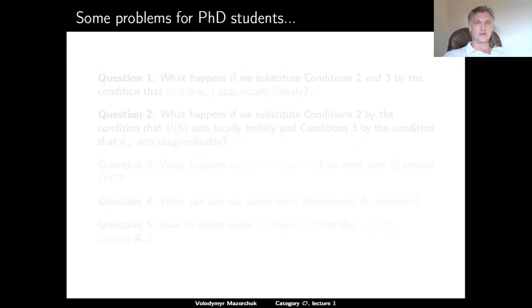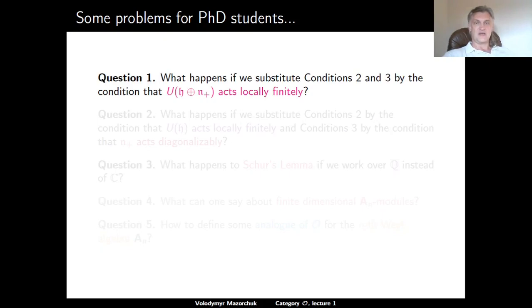So this is almost all for today. We complete this lecture with some questions for people who want to think about the content of the lecture. Question number 1: it is very interesting to think how category O changes if you substitute conditions 2 and 3 by the common condition that the universal enveloping algebra of the Borel subalgebra acts locally finitely.